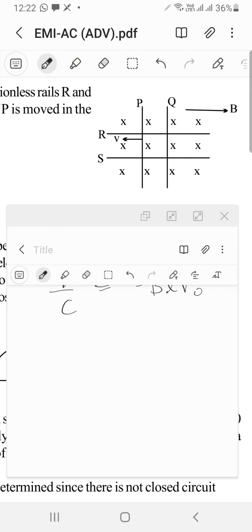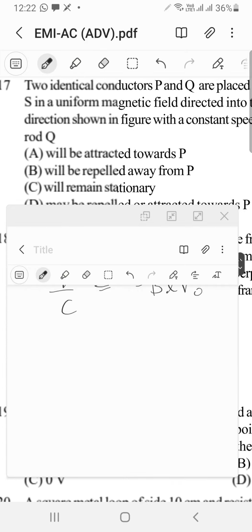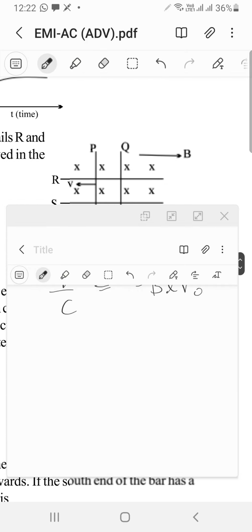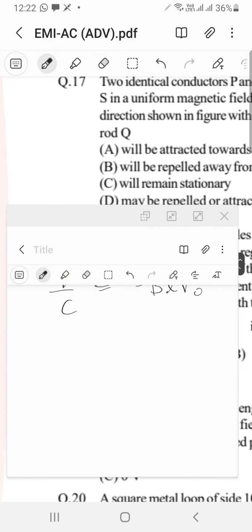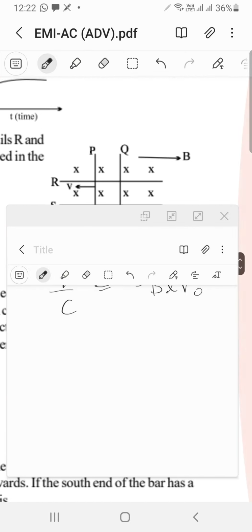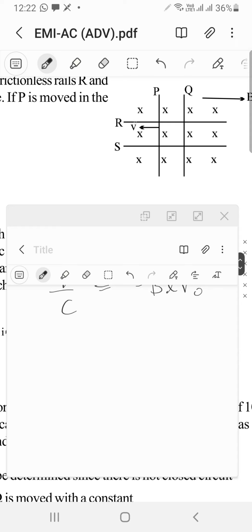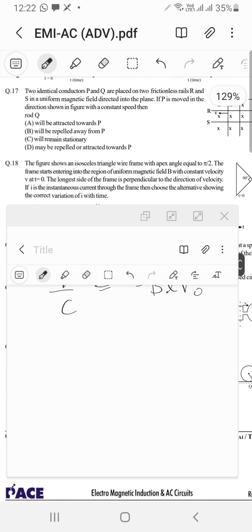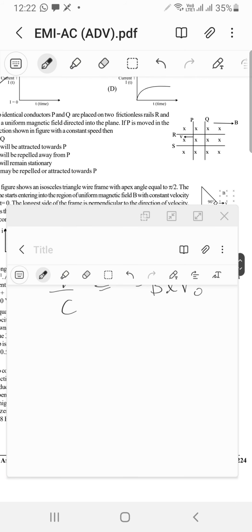This is complicated. These are conductors and frictionless rails. Are these rails conducting or not? And these are very long, I think. I don't get it.